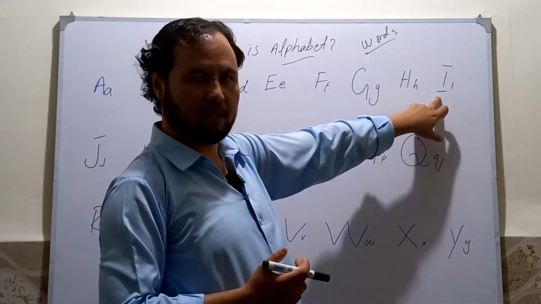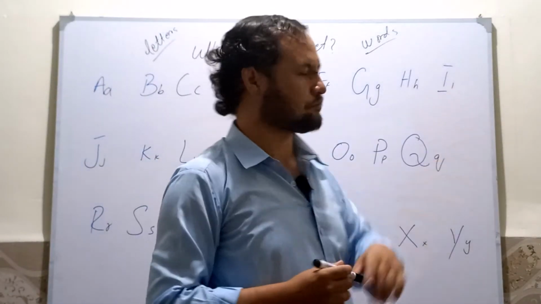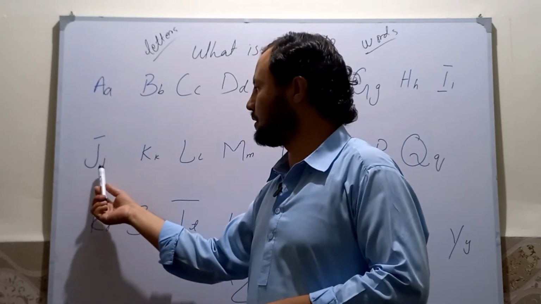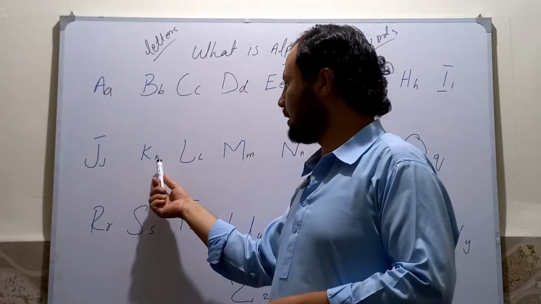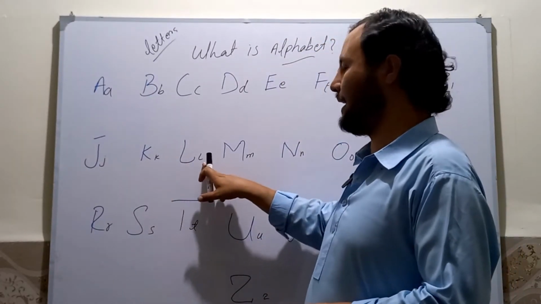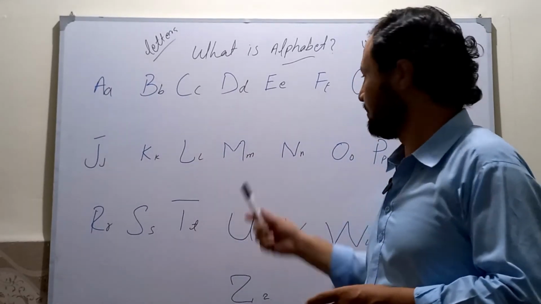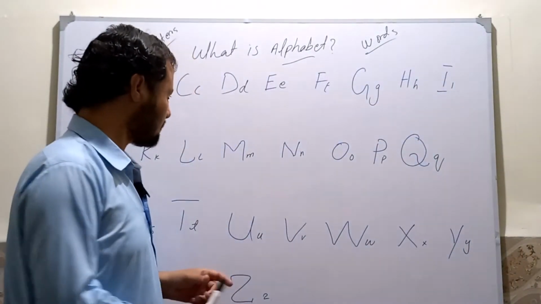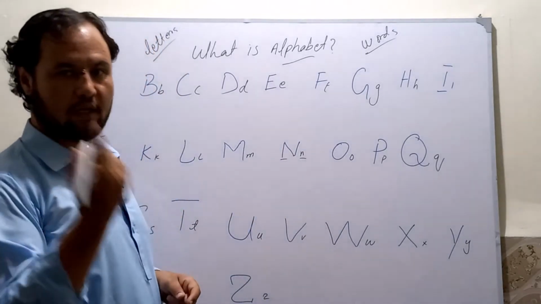I, capital I, small i, we write in this way. J, capital J, small j. K, capital K, small k. L, capital L, small l. M, capital M, and this one is small m. N, this is the capital N and this is the small n.